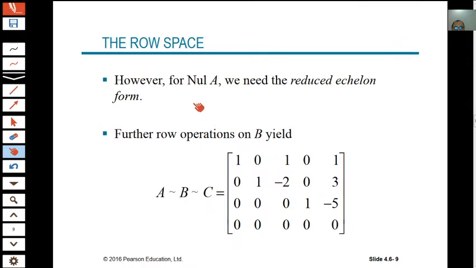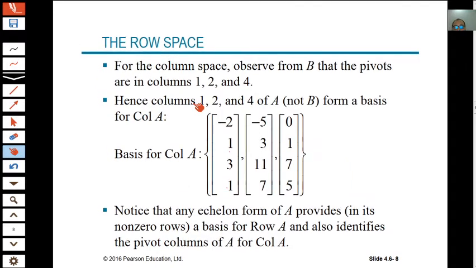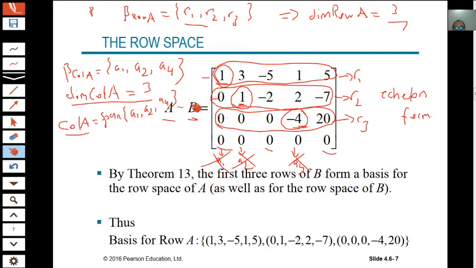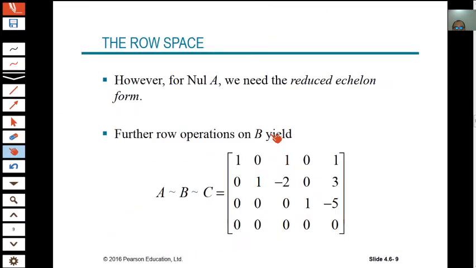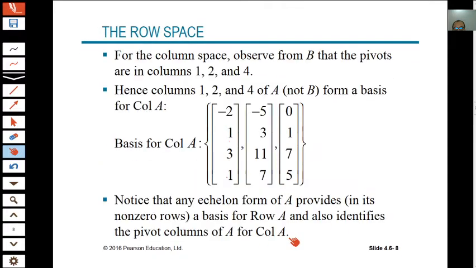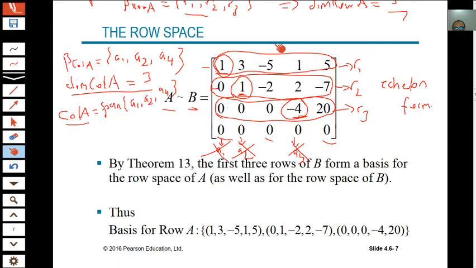However, for the null space we need the reduced echelon form, or we can also determine directly the structure of the vectors in the null space by using this echelon form, or to make the calculation easier you can find the reduced echelon form. Here you can see the answer for the null space by using the reduced echelon form, but I will find the answer by using the echelon form directly.